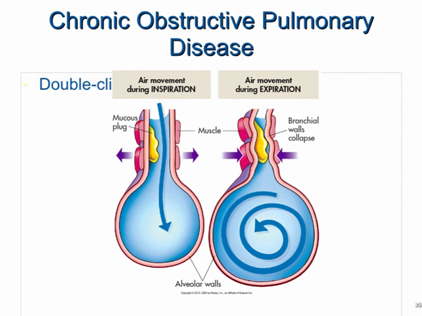However, once it gets in there, those bronchial walls can collapse, and that impedes expiration, the air coming out of the alveoli through those bronchial areas, because it's so constricted. So it's showing how air can go in, but they tend to trap air because of this. Air trapping is very common with COPD.